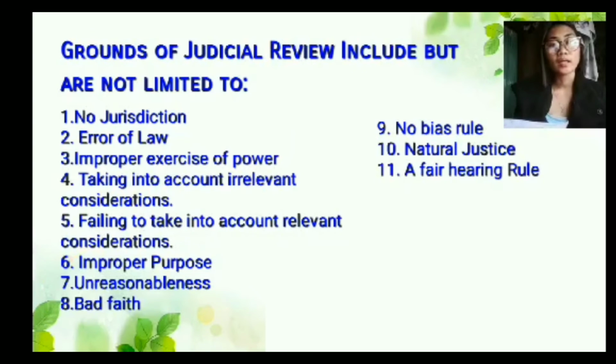Next is the no bias rule. The decision must be free from bias. Next is natural justice. This is to be given a reasonable opportunity to be heard and have a decision maker who is free from actual bias or the appearance of bias.